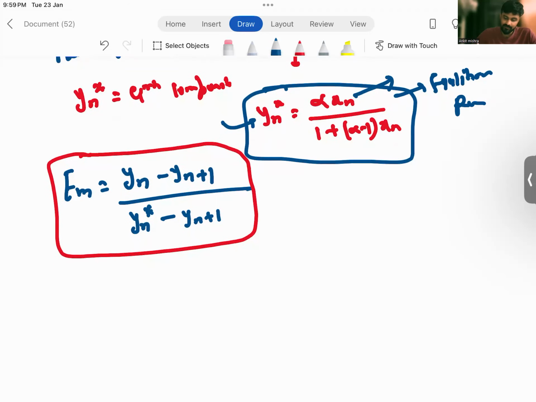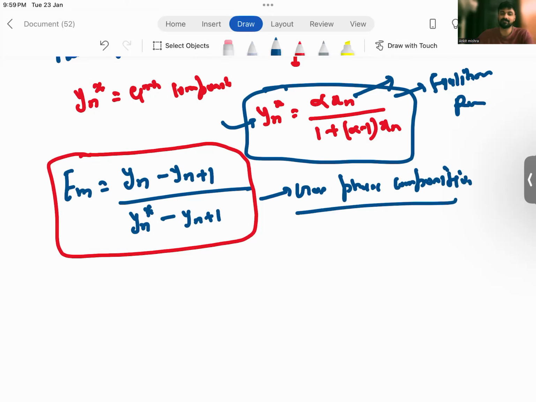And Murphree plate efficiency here refers to the gas phase. Generally, this is used for the gas phase. So you can write the Murphree plate efficiency in this way in terms of gas phase composition.